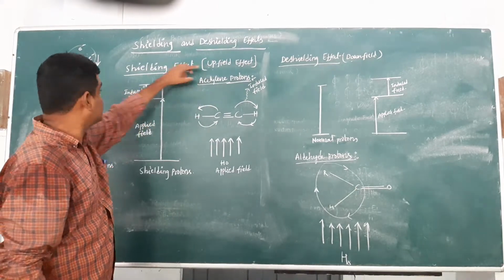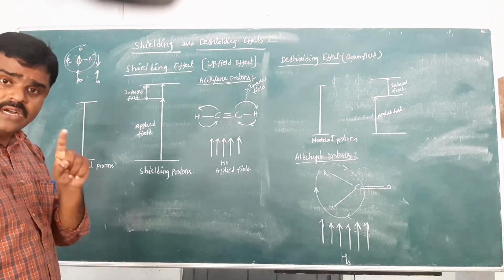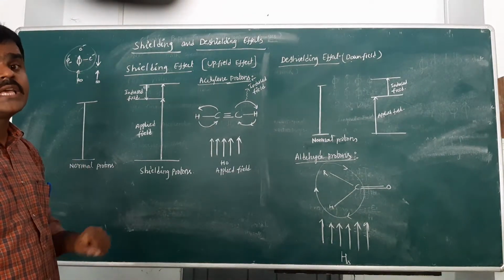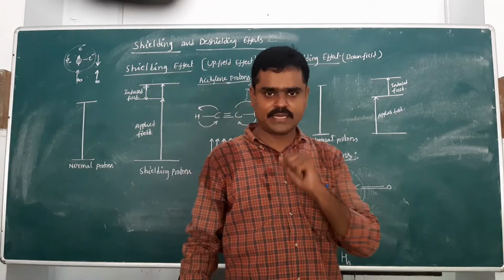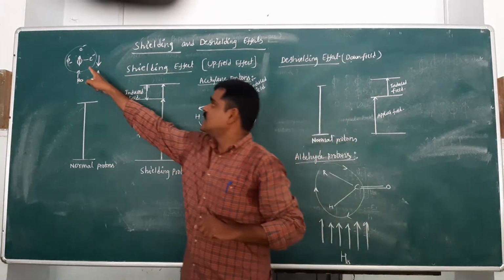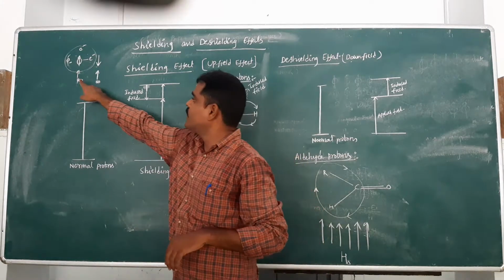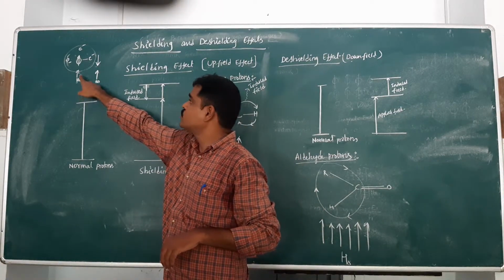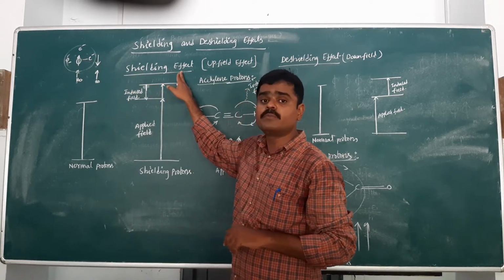Okay. The secondary magnetic field caused by the electrons opposes the external magnetic field. Then that proton feels less magnetic field from the external magnetic field, so this proton is called the shielded proton.